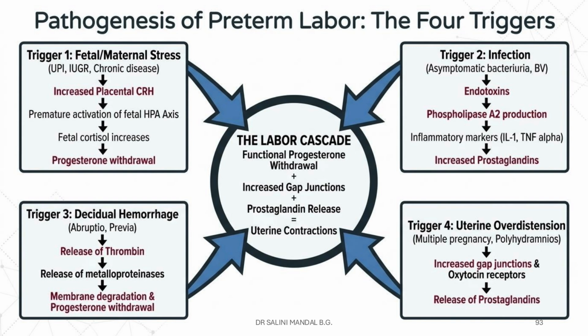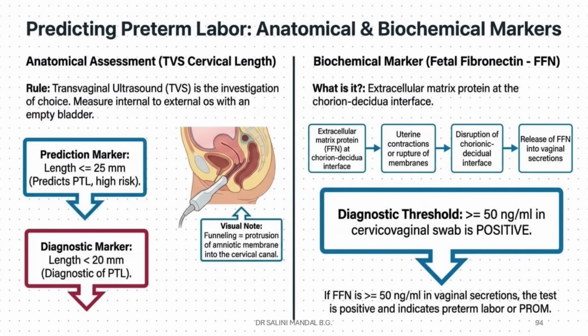Thrombin will release metalloproteinases, and that is going to help in membrane degradation and progesterone withdrawal. Again, labor cascade. Then uterine overdistension is going to increase the gap junctions and oxytocin receptors. Again, it will release prostaglandin, and that is going to lead to uterine contraction. Okay, that is how preterm labor works.